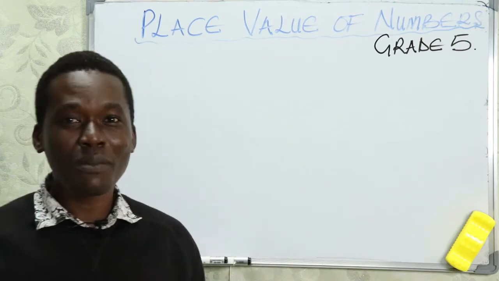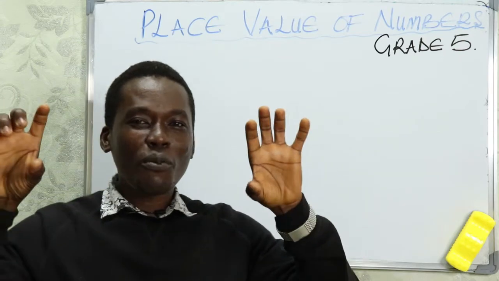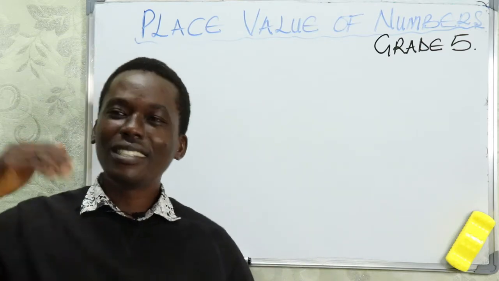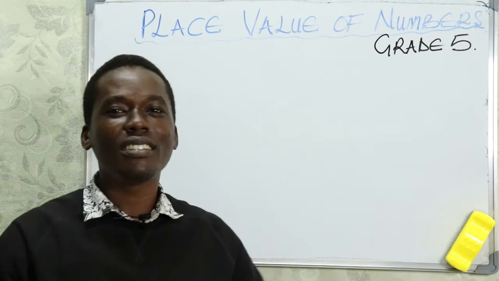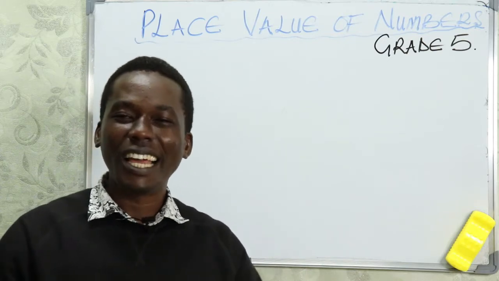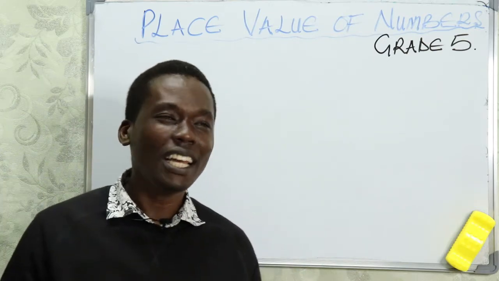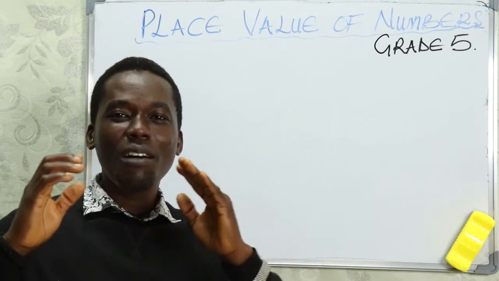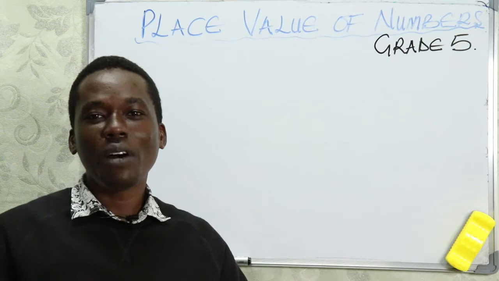Same goes with mathematics. In every set of numbers, there is a place for every digit. A digit in the tens cannot take the place of a digit in the thousand. It's not possible. So today, we are going to show you how to place values in their various place values.